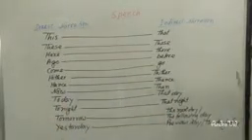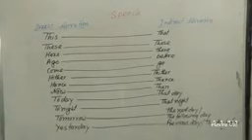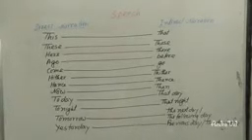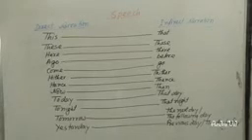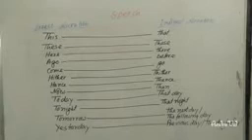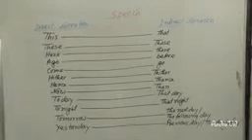Dear students, I'm going to repeat it again. If you have this, then you will have to write that. If you have these, then you will have to write those. If you have here, then you will have to write there. If you write ago, then you will have to write before. If you have come, then you will have to write go.